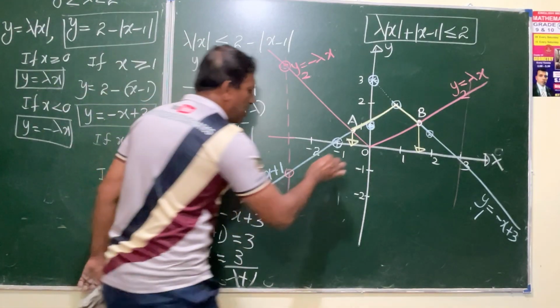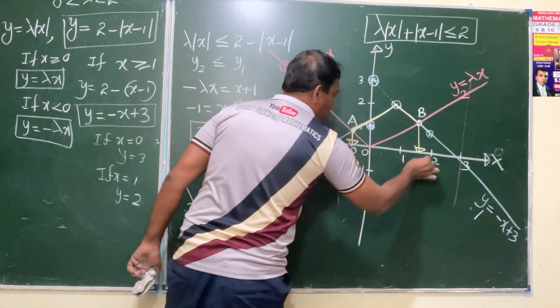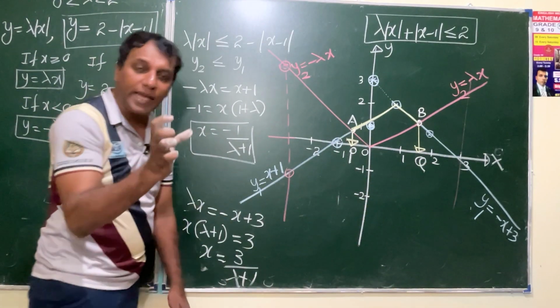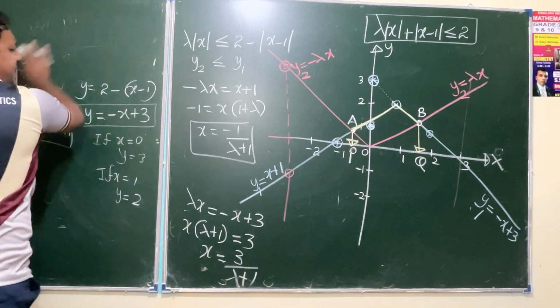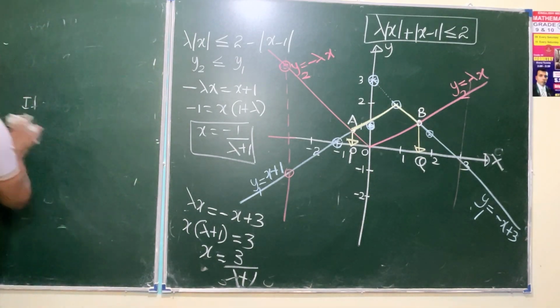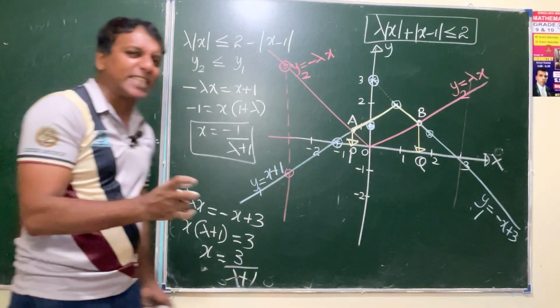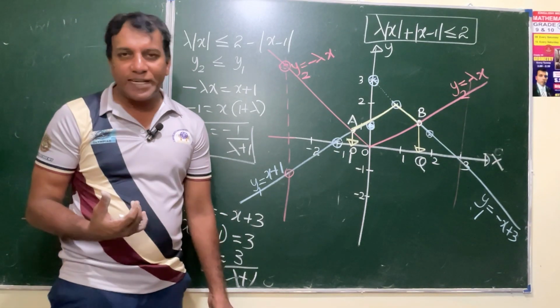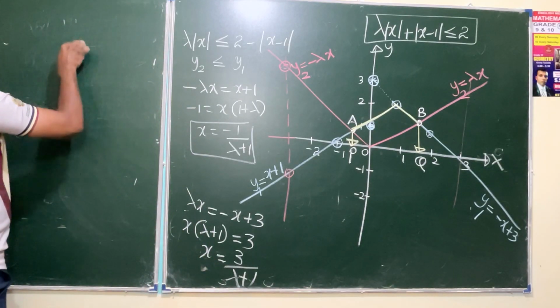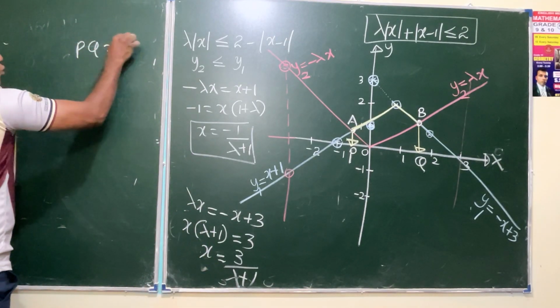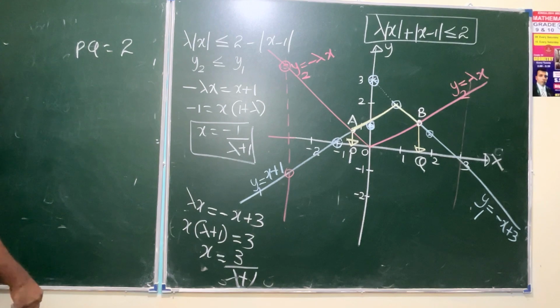So if I mark this as P and here Q, what is the meaning? PQ is 2 units, right? PQ is 2 units, then give that solution. When you measure units, it is positive. There is no minus unit in this case, only the numerical value. So they said PQ equals 2 units. What is PQ?